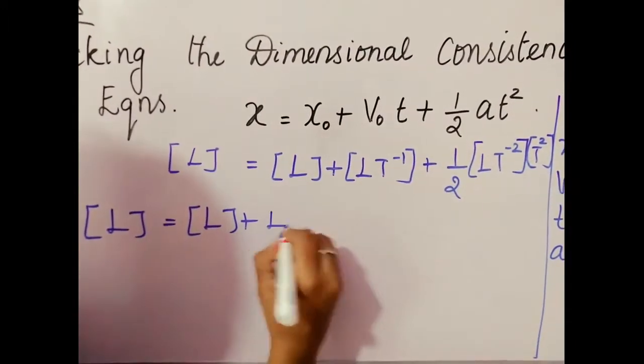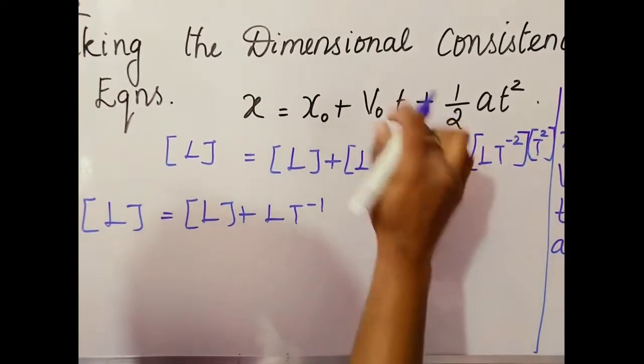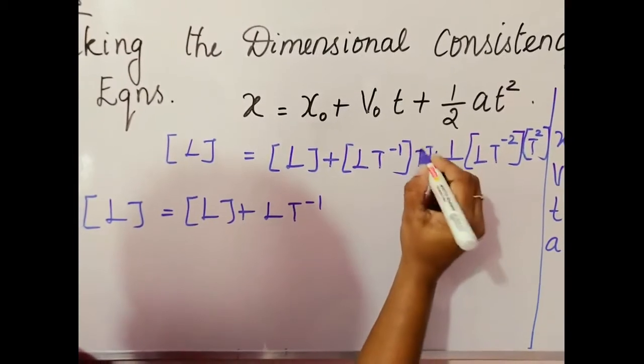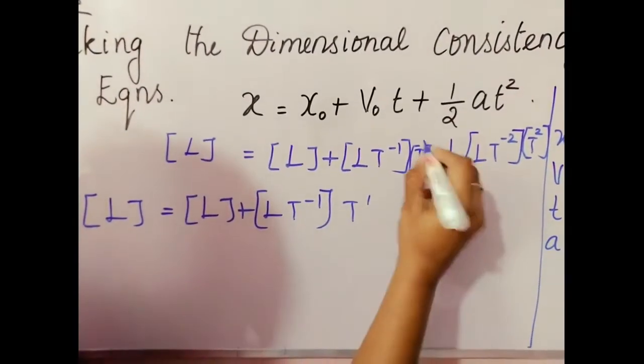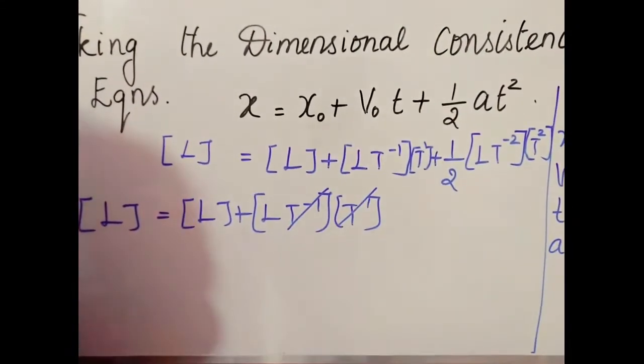Just we'll solve. Left hand side is L. Right hand side, L T power minus 1, here one more t is there, sorry, t power 1, so t power 1 and t power minus 1 get cancelled.